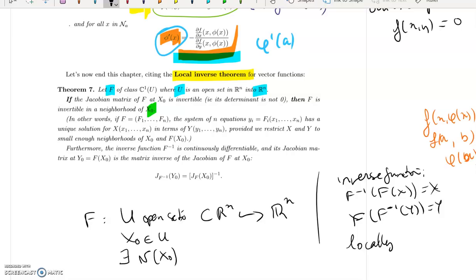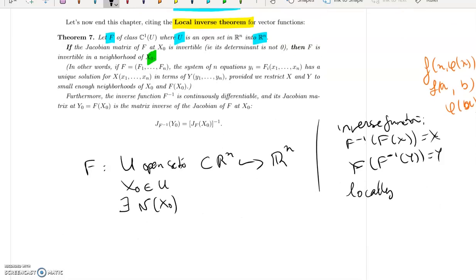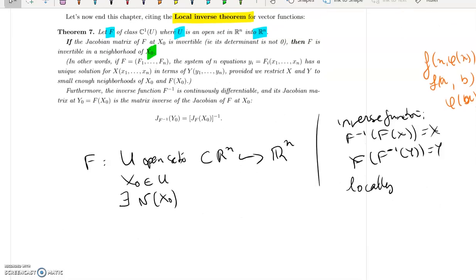You remember what that means: it just means a small open ball around x0. So if x0 is just a real number, it's going to be a small interval. If you are in R2, it's going to be a small circle. If you're in R3, it's going to be a small sphere. And whatever extension you can do of these notions in Rn.